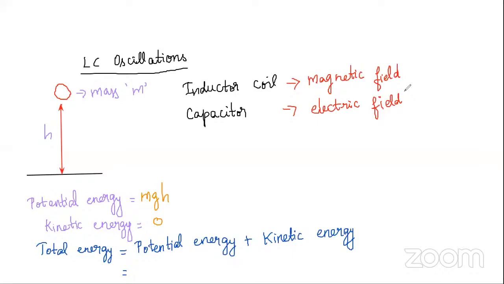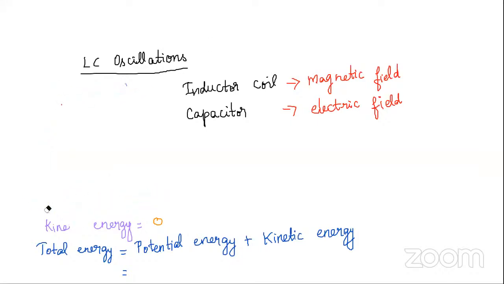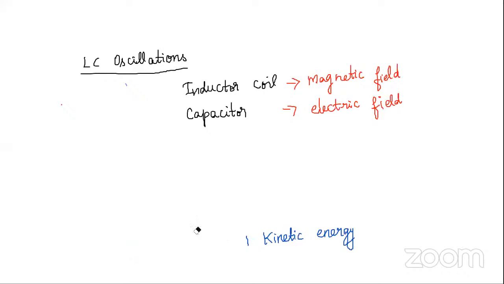Okay, and now when we want to understand this LC oscillation, we have to understand a circuit. So for that I will be erasing all these things, since this is not required for our discussion. I have just given you an example for the total energy conservation.